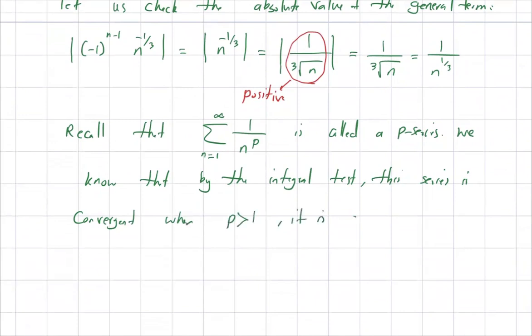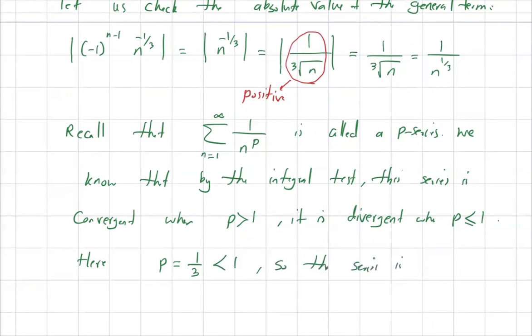It is divergent when P is less than or equal to 1. Here, P is equal to a third, which is less than 1. So the series is divergent.